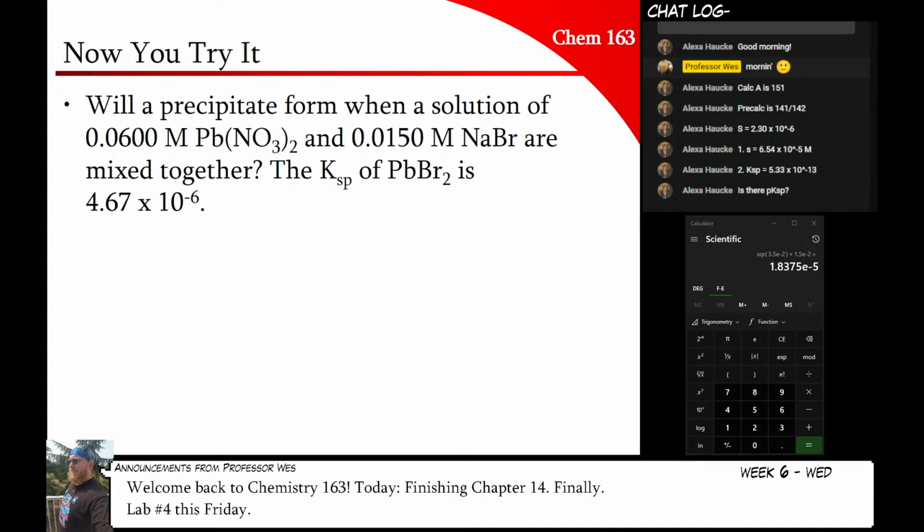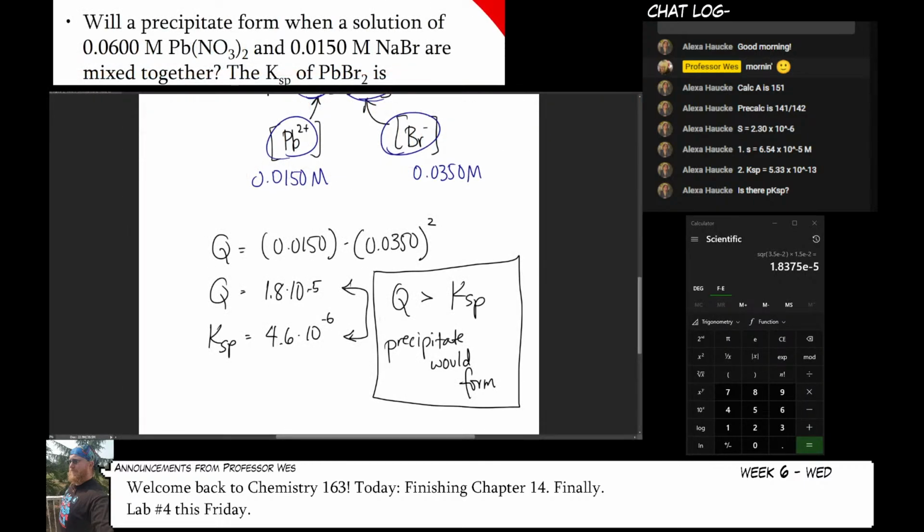All right, so if we go back over to our expression over here, I just have to scrub these old numbers out that we just did, which would be these up here too. And we'll calculate the new numbers and we'll compare it to KSP.